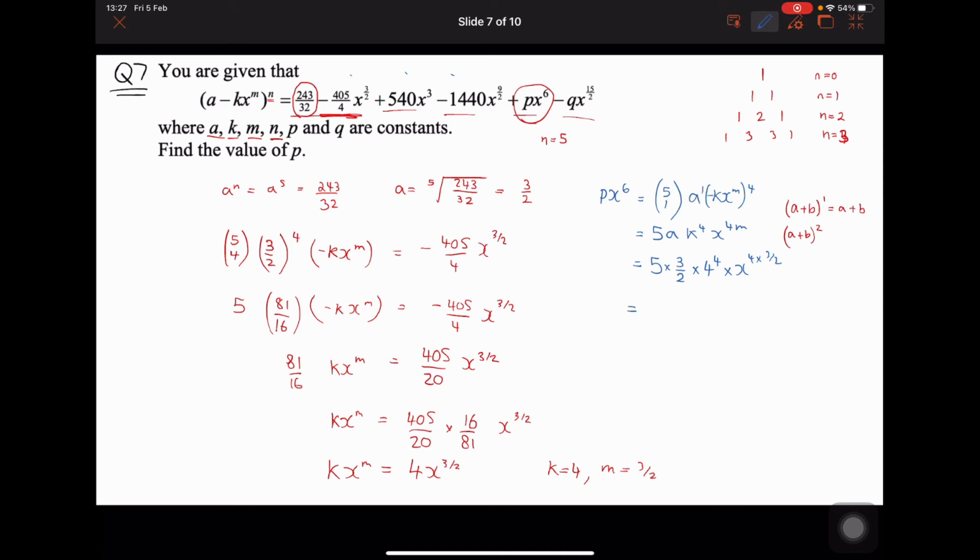So we have 5 multiplied by 3 over 2, 15 over 2, multiplied by 256, x to the power of 6. That's nice because we have x to the 6 here as well. So P is 15 over 2 multiplied by 256, and so P equals 1920.